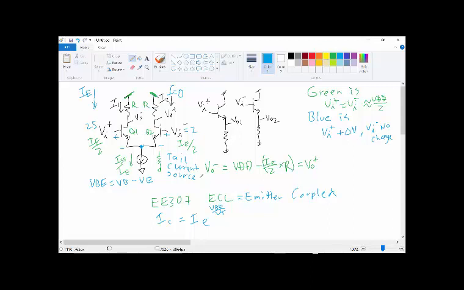In current steering logic, there's ECL and PECL, and MCML, which is MOS current mode logic, which is this exact same circuit except using MOSFETs, and is pretty common these days.